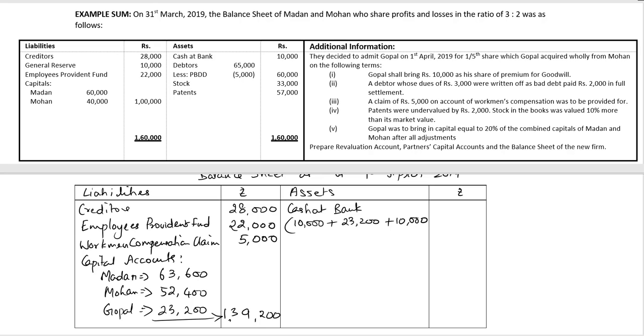And as per point 2 here, rupees 2,000 was recovered as bad debts recovered. So plus another rupees 2,000. So the total of the bank, 45,200 rupees.